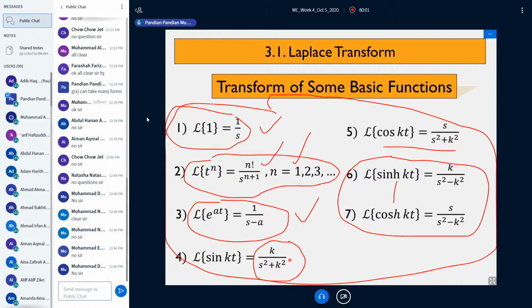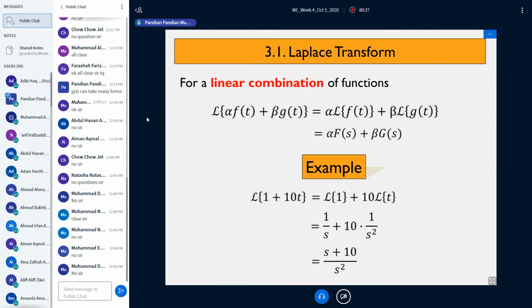You see, different from sin. This is plus; for hyperbolic functions, this is minus. For cosh, Laplace of cosh kt is s over s squared minus k squared. This is plus, this is minus. You can show this as an exercise. We already showed the first three. The rest you can do at home.